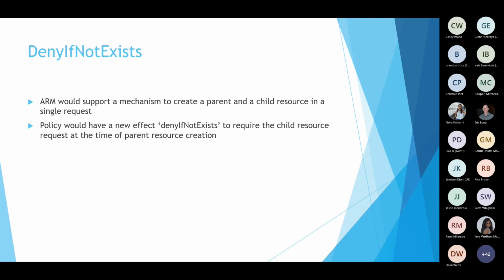So we are looking into a mechanism where you would be able to put in a single request to create both the parent and the child resource together. Because it would come in as a single request, we would be able to evaluate the whole thing in one go inside of ARM and block if the child resource does not exist, right? That is the way that we're thinking about it.